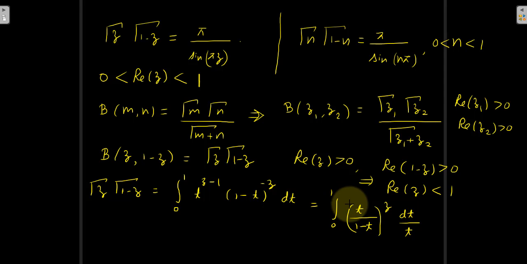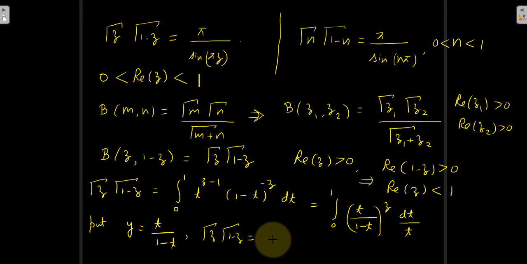Now we can see that there is a term t divided by 1 minus t, and if we substitute this t divided by 1 minus t with y and further simplify this, then we can easily see that gamma z gamma 1 minus z is equal to the integral, and you just find the value of y corresponding to the limits.